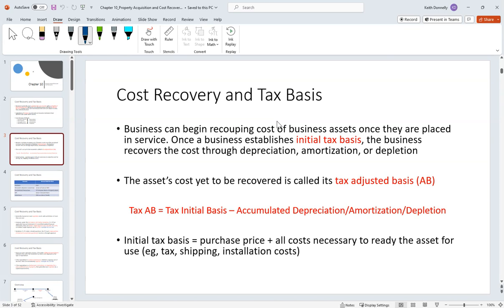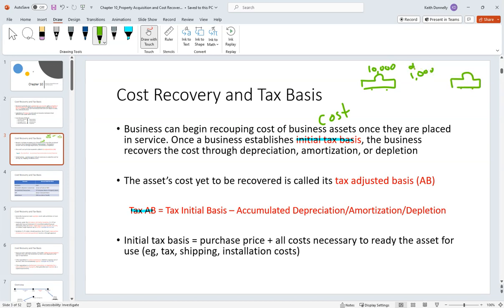One of the things we need to distinguish for tax purposes is the difference between initial basis and adjusted basis. For right now, just assume initial basis is going to be cost. So maybe you bought a car for $10,000. That's your initial basis. Say you use this in a business capacity, and over the first year you depreciate it $1,000.